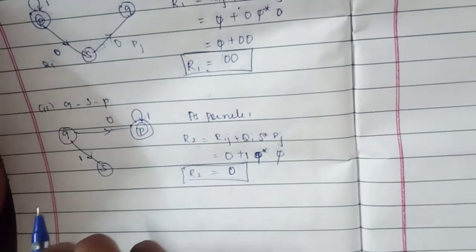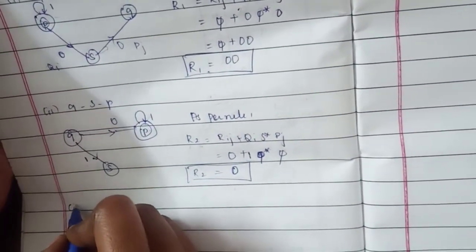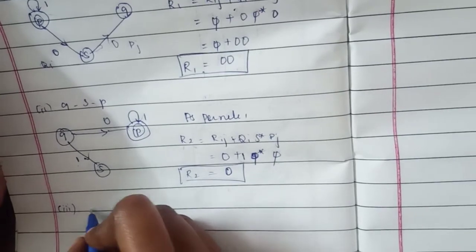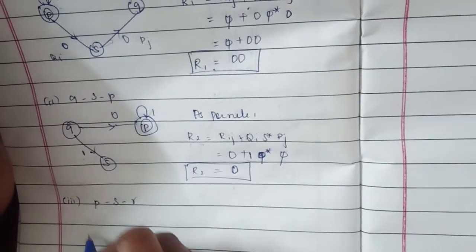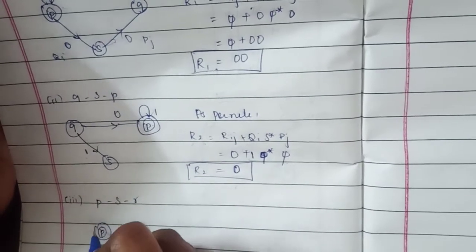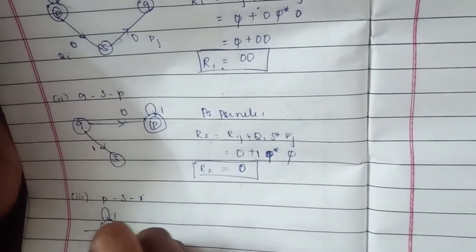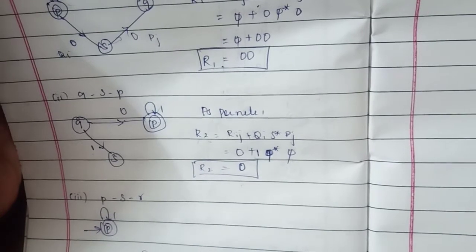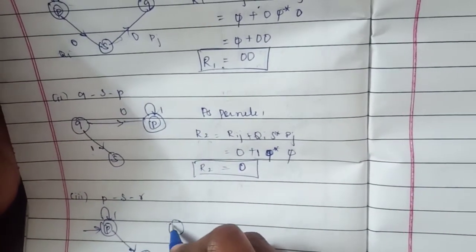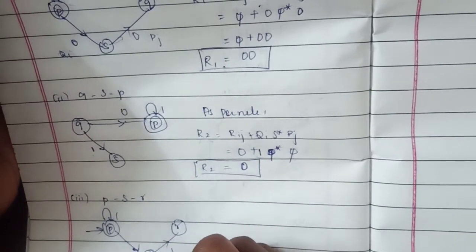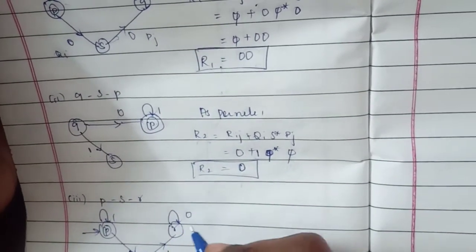Okay, R2 is 0. After this we'll have the third case, the next possible thing, which is PSR. When you see this PSR, P to S will have 0, and S to R will have 1, and R to P is 0.